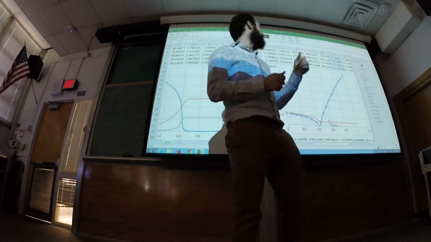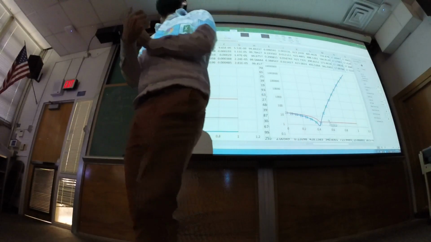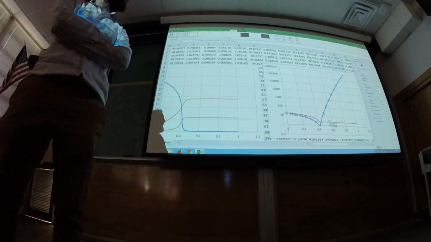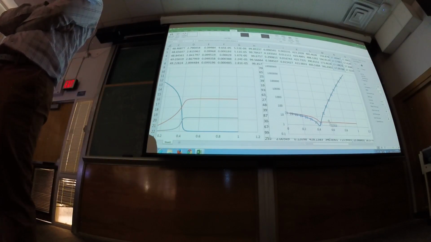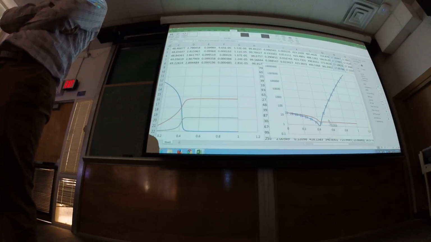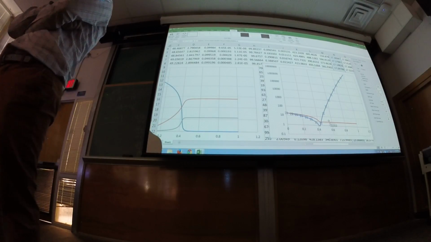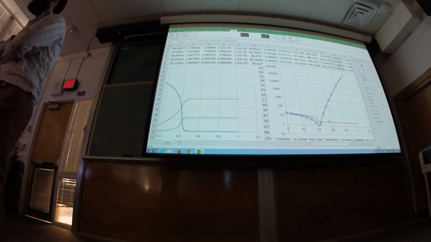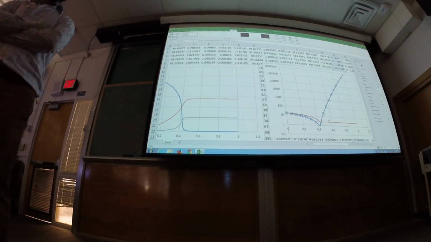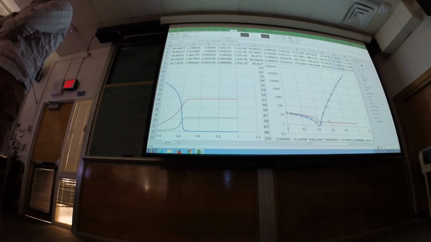And then you see it just starts to shoot up and up and up. What's happening there, and why doesn't it affect the orange curve? The blue curve is the instantaneous selectivity, which is the rate of production of B divided by the rate of production of C. The orange curve is the flow rate of B divided by the flow rate of C at that point.